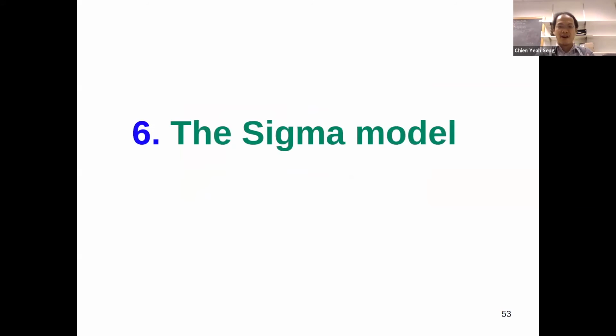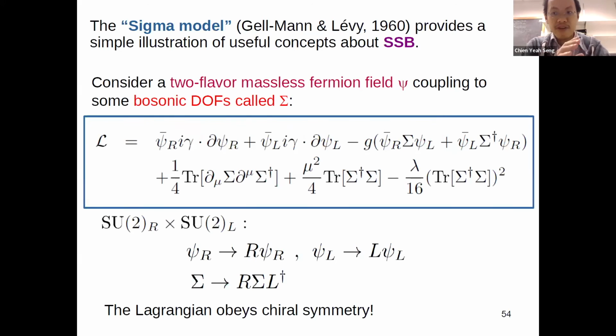So let's now move to another topic, the so-called sigma model. Just now we talked about how spontaneous breaking of chiral symmetry gives rise to Nambu-Goldstone bosons. But how do you realize that in the Lagrangian?